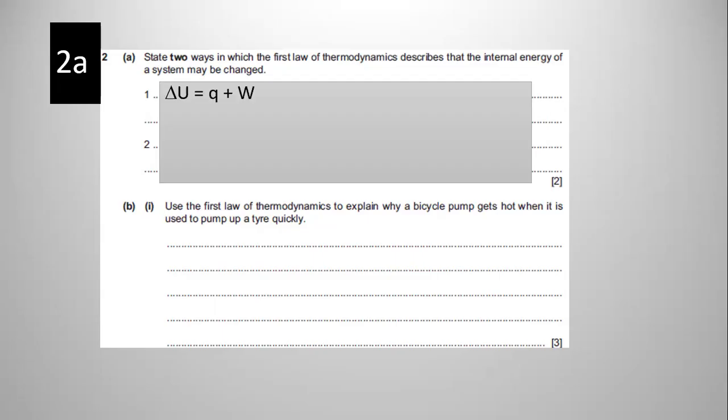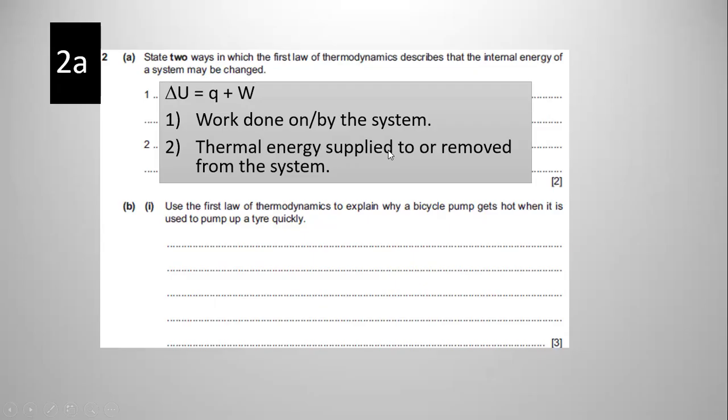Right? That's the first law of thermodynamics. You can change it by either supplying it with thermal energy or work done, no? Either work done on it or work done by the system, thermal energy supplied to or removed from the system.